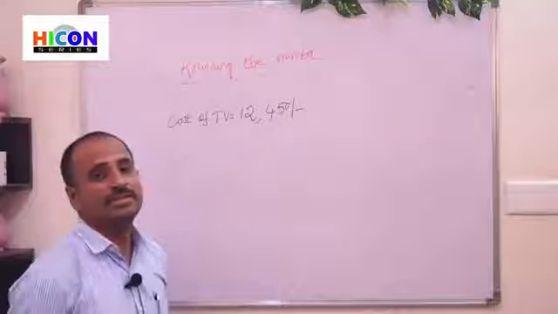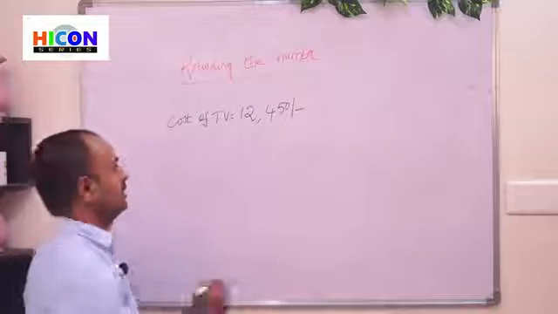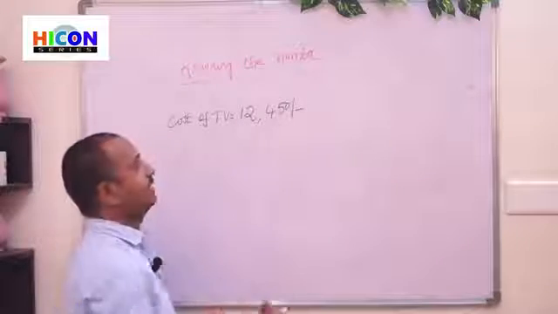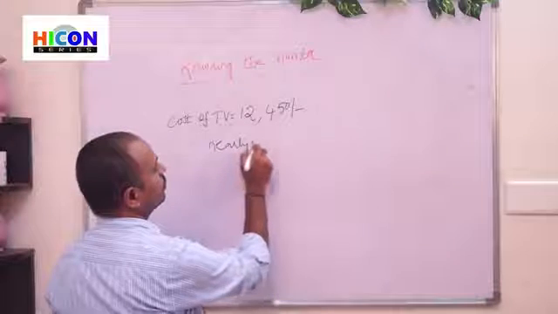Just like we will say the cost of the TV is nearly 12,000. So if we don't remember this exact value, then we will say that the cost of the TV is nearly 12,000 rupees.